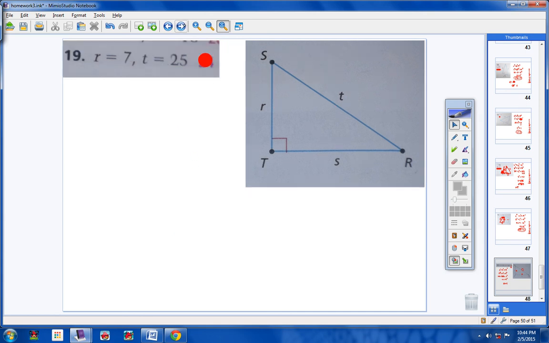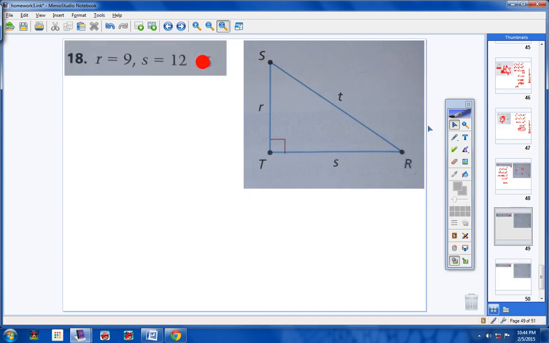Alright, number 18. Looks like we're going to go with side R is 9. And side S is 12. So we're missing T again. So leg squared plus leg squared equals hypotenuse squared. Okay? Well, let's see. One of my legs is 9. One of my legs is 12.